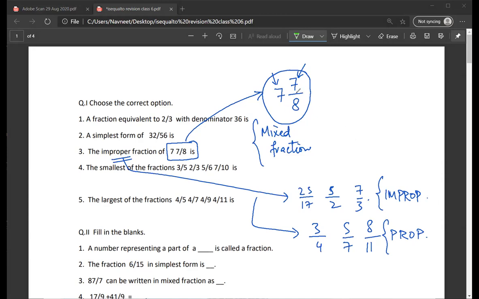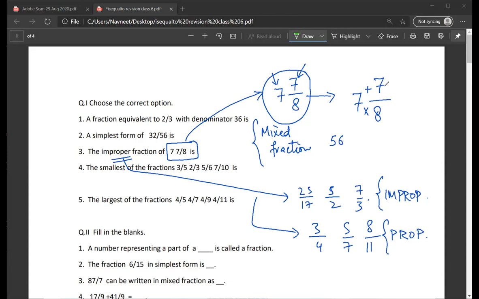So when I have a mixed fraction, how do I make an improper fraction out of this? The trick is, in the initial few questions, you can put a multiply here and a plus here. Have you understood? Yes, sir. So what this means is I'll multiply 7 and 8. The answer that I will get is 56.